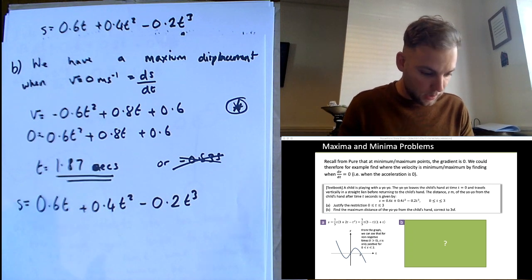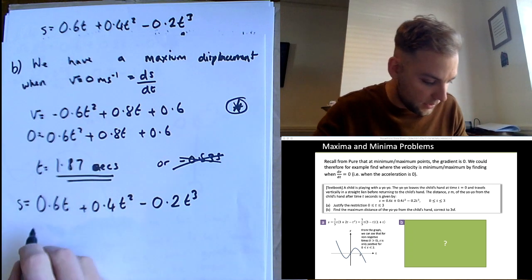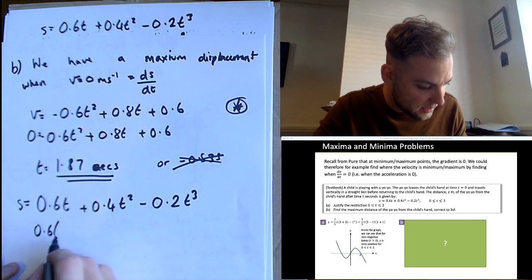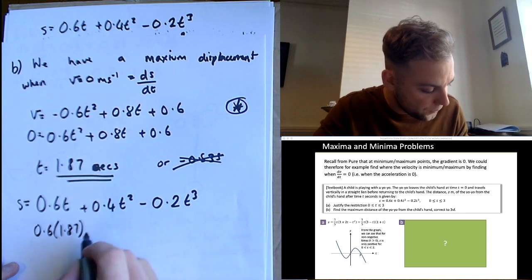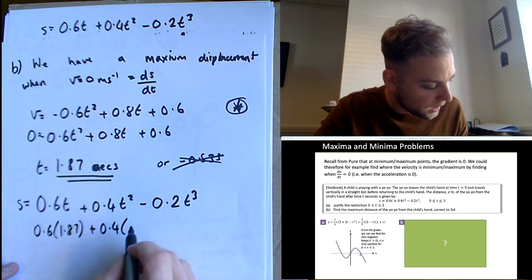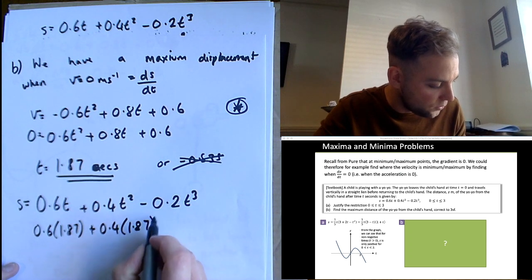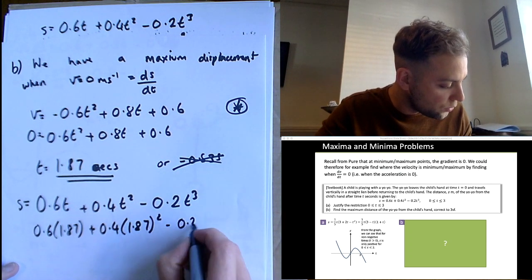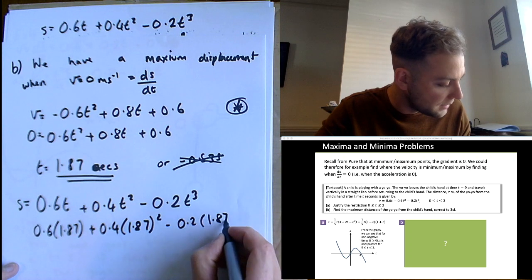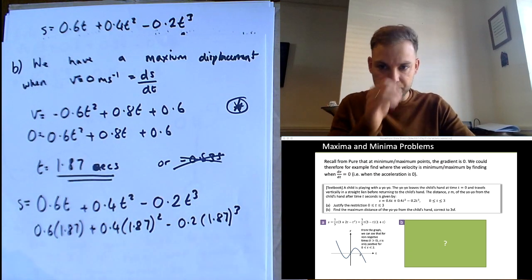So it's going to be, let's write it down actually, 0.6 times by 1.87 plus 0.4 times by 1.87 squared minus 0.2 times by 1.87 cubed, like so.